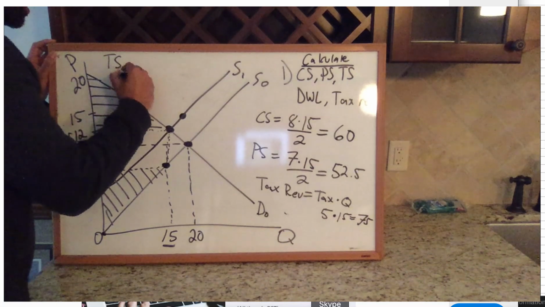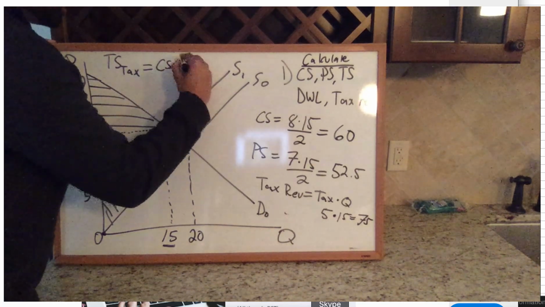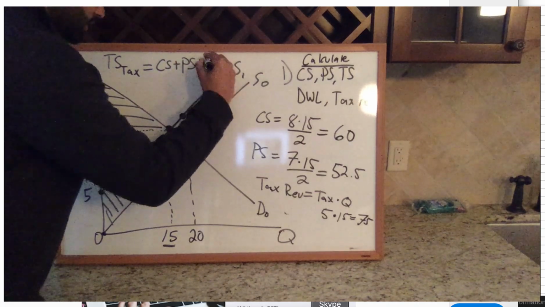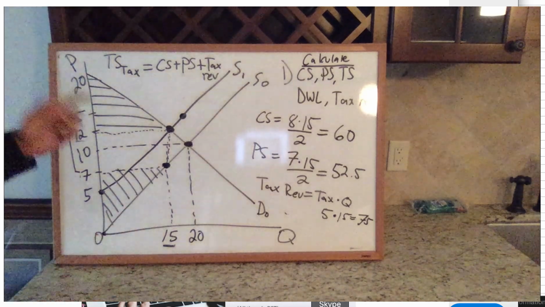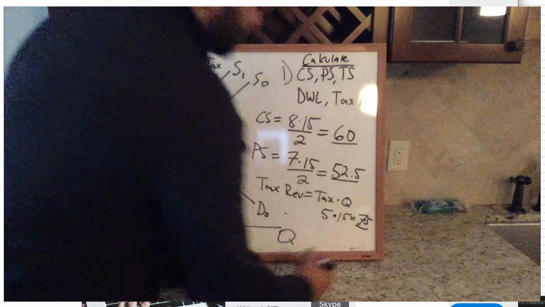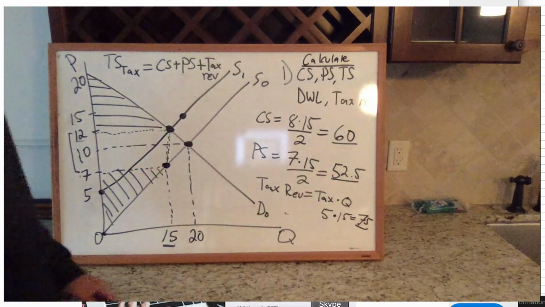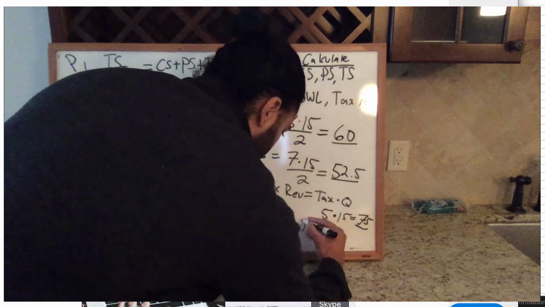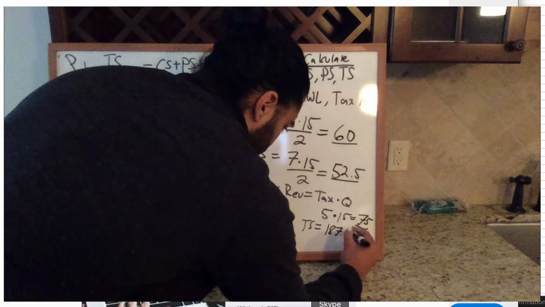Total surplus with a tax equals consumer surplus plus producer surplus plus the tax revenue. So what you would do is you would add 60, 52.5, and 75. Now your answer for your total surplus, so I'm kind of running out of space, is 187.5.